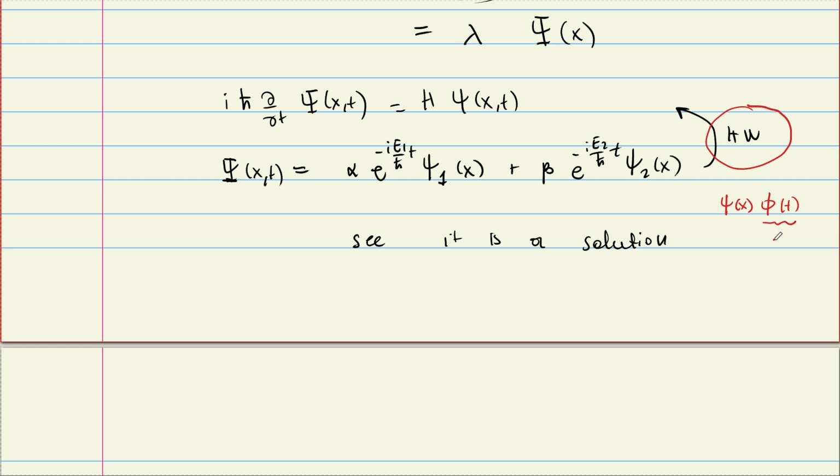This was always trivial, and we found that part. By using this, we can go back and write down psi of x comma t. That's what I did here. Any comments, questions? Okay. What is Hilbert space?